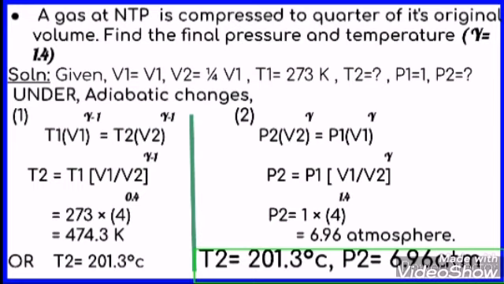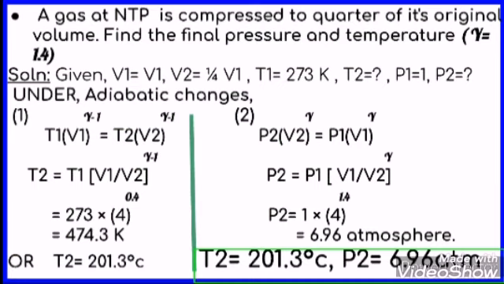We can answer this in degrees Kelvin or degrees Celsius. In Kelvin it is 474.3 Kelvin, and the final temperature in degrees Celsius is 201.3 degrees Celsius. Now we have to calculate the final pressure. We know the relationship between pressure and volume is P2 V2 power lambda is equal to P1 V1 power lambda.